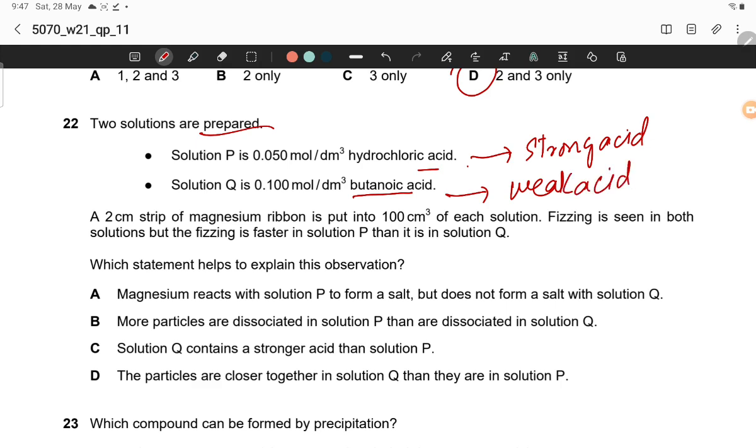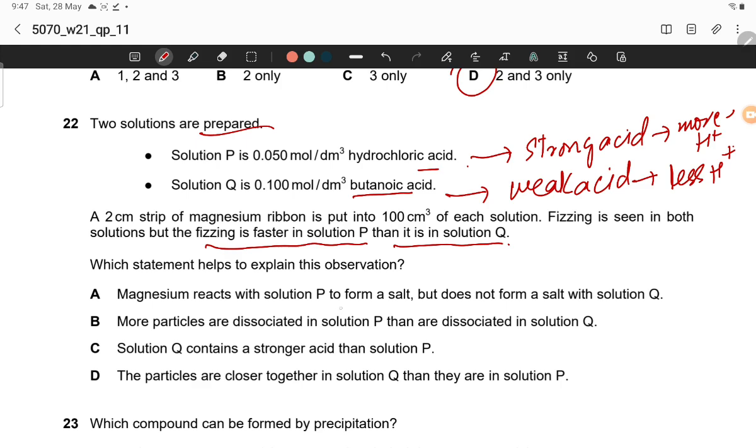Strong acid has more H positive ions and weak acid has fewer H positive ions. Please keep it in mind. Fizzing is seen in both solutions, but the fizzing is faster in P solution than it is in Q solution. Which statement helps to explain?